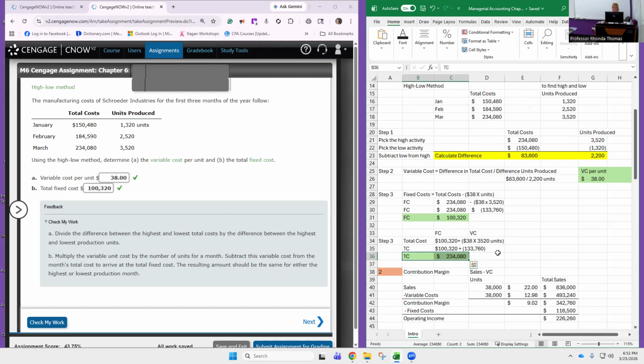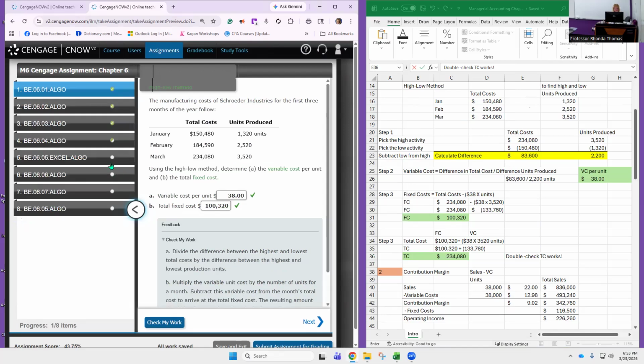Okay, so double check the numbers. Double check the total cost formula works, right? Yep. So there you have it.